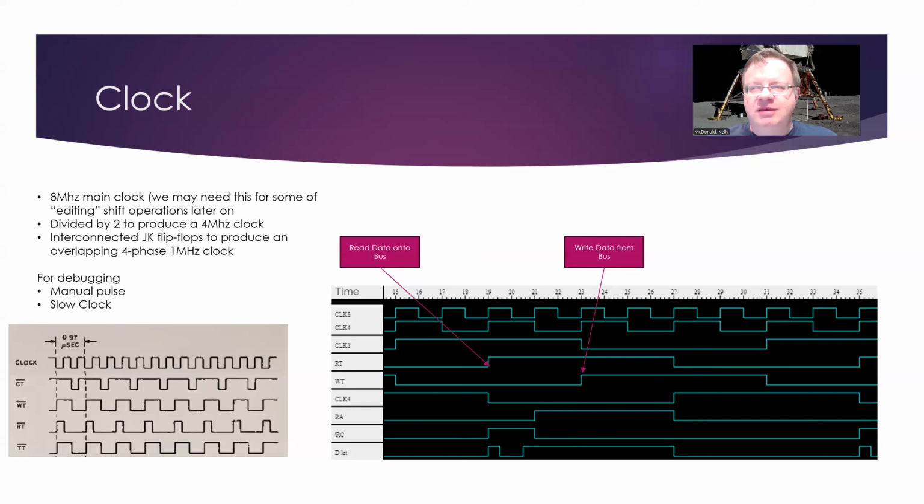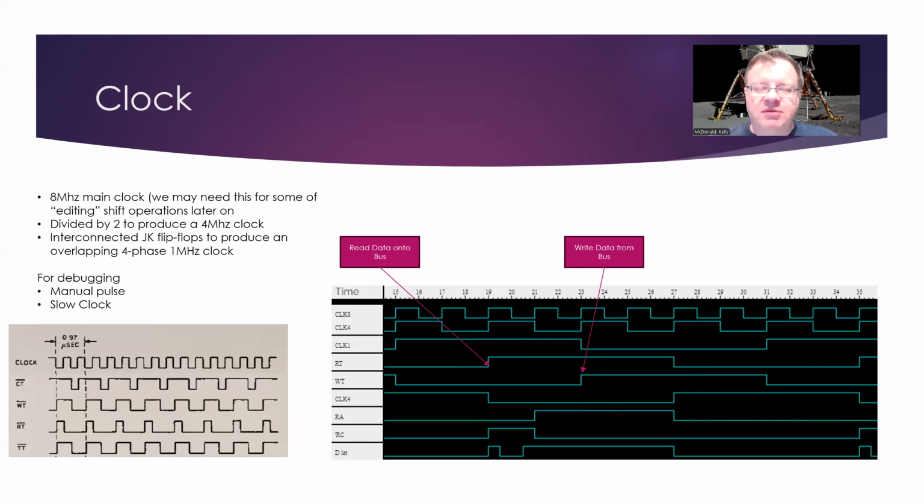Fortunately, the AGC is a fairly slow computer by modern standards. So the 74 series logic that we're using is fast in comparison to the clock speeds that we're dealing with. The original AGC was a 1.024 megahertz computer, so very slow by modern standards.